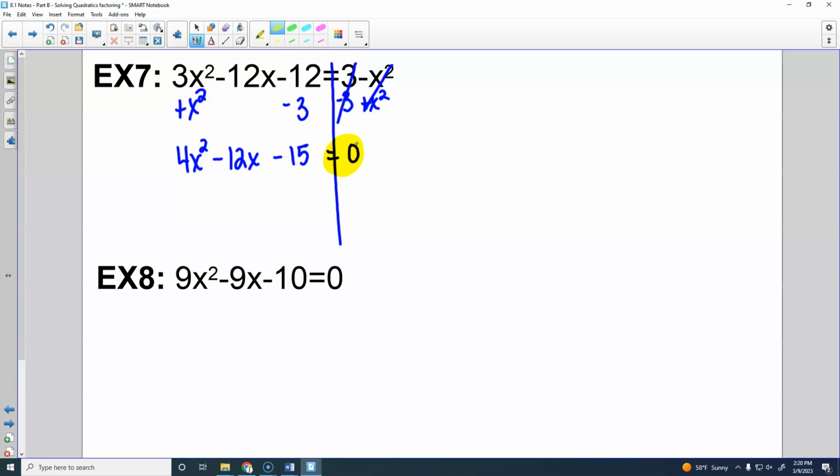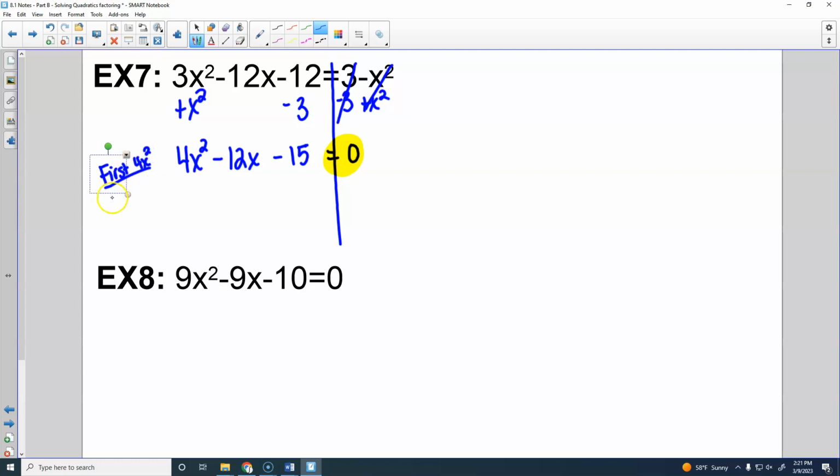Is there a greatest common factor for this one? No, it kind of feels like there should be like 4 or 3, but there's nothing that goes into all 3 of those numbers. So no greatest common factor, which means for my first term, I got 4x squared.